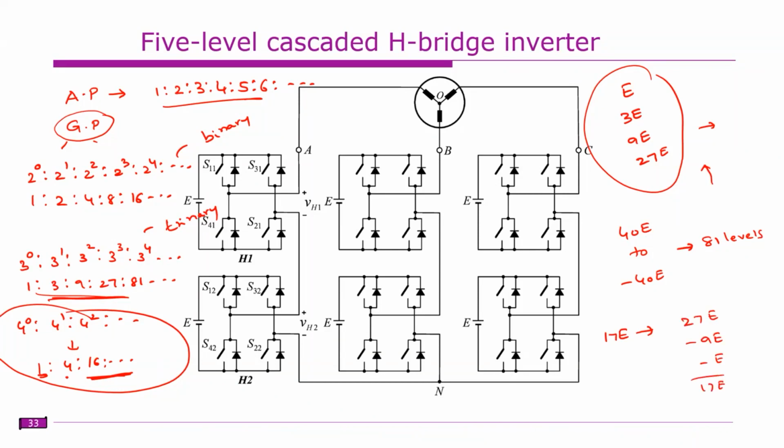So any combination between 40E to minus 40E is possible. The other bridge, we have another bridge, the 3E bridge, right? So this is 0. So any combination between 40E to minus 40E is possible, right? So this entire thing is producing 81 levels, which is changing from 40E to minus 40E.